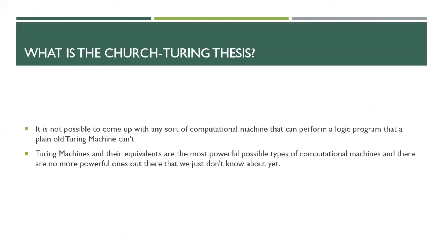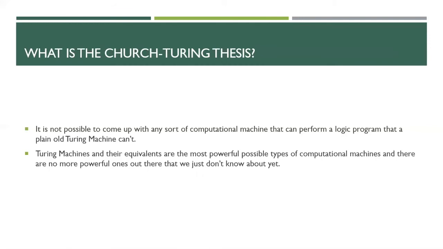Now, you'll hear it stated in different ways. I'm going to state it in a way that is correct, but is maybe not the way most people would think of it. So what it means is it is not possible to come up with any sort of computational machine that can perform a logic program that a plain old Turing machine can't. Okay, so that would be one way of stating the Church-Turing thesis in layman's terms.